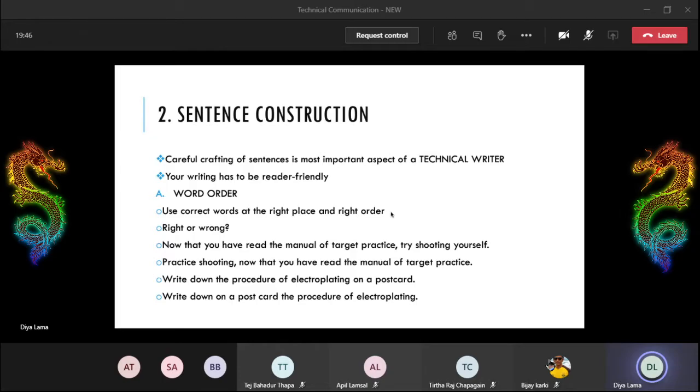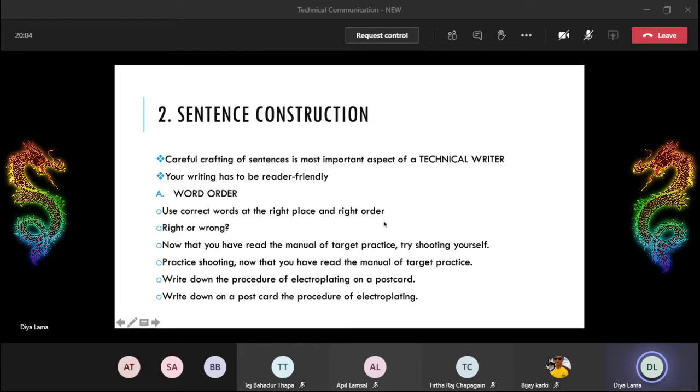So in order to make your sentences good and meaningful, and obviously you want to let your readers know what you are thinking about. So if you're thinking of something and then you write something else, then के हुन्छ त? तिम्रो readersले बुझ्दैन है त्यो कुरा. So it has to be in order so that the right message comes out of your sentences.